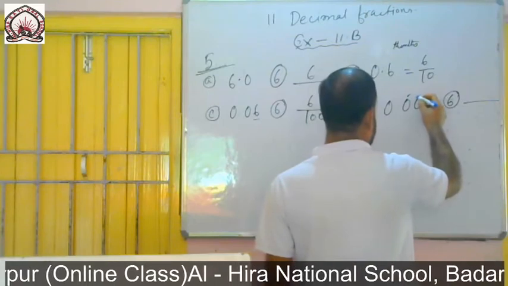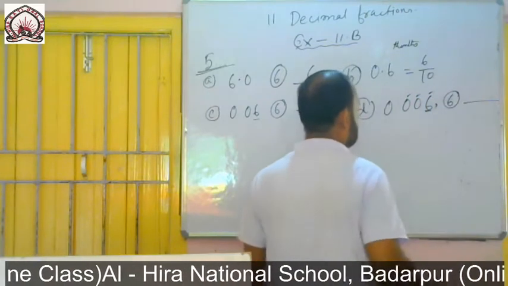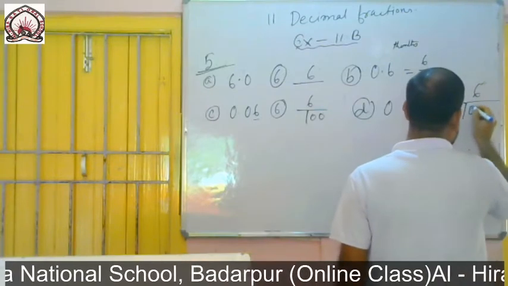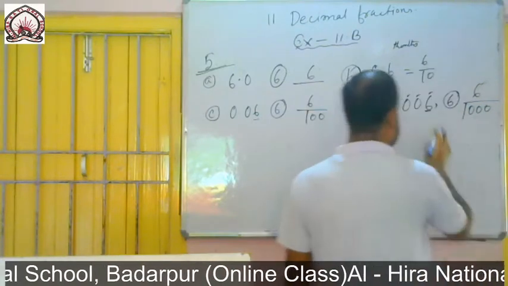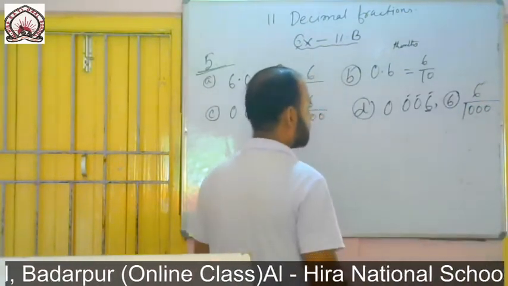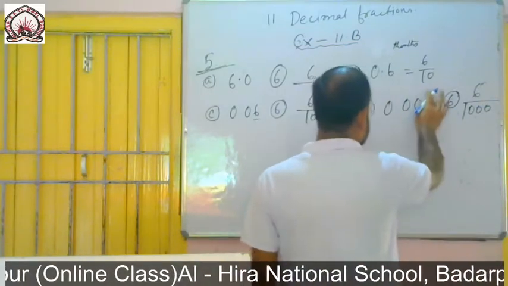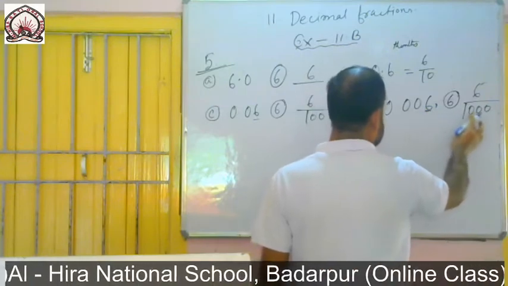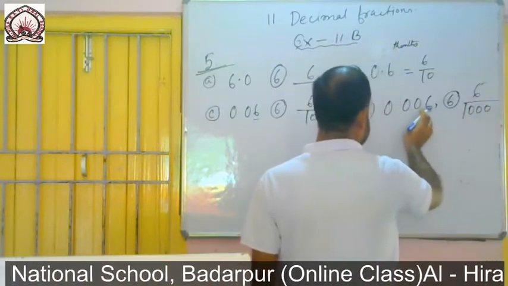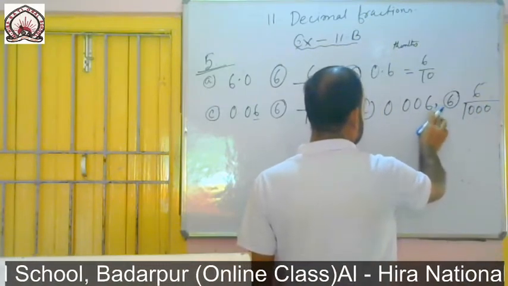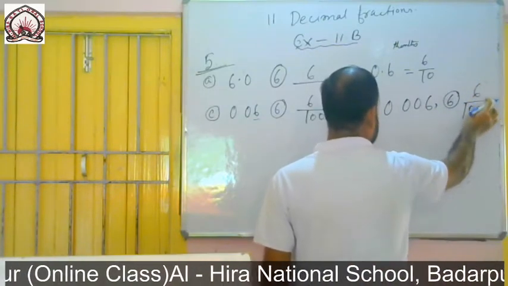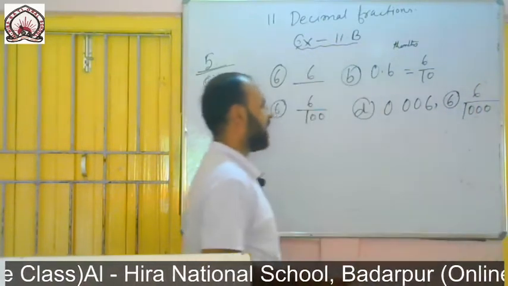Tenths, hundredths, thousandths. So 6 by 1000. After the point, 1, 2, 3 digits, and only 6 is there. So the answer is 6 by 1000.